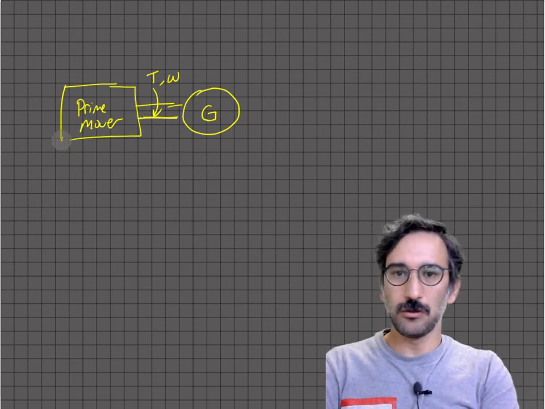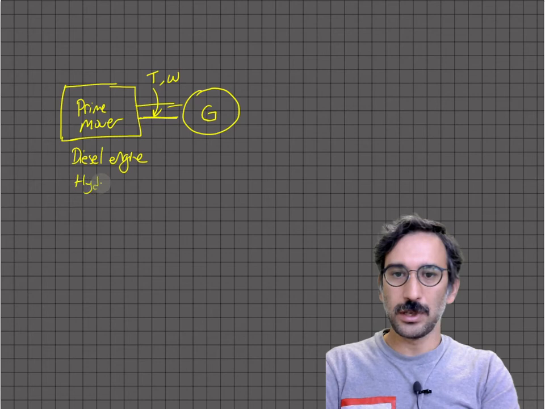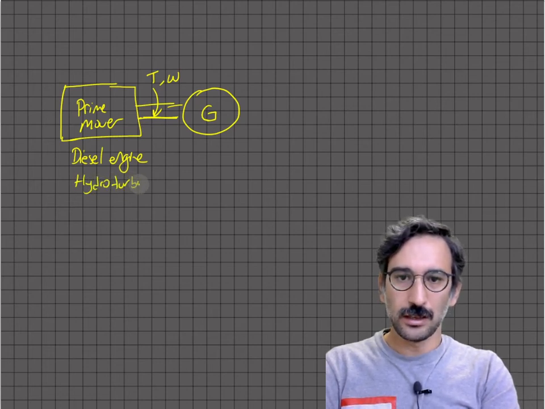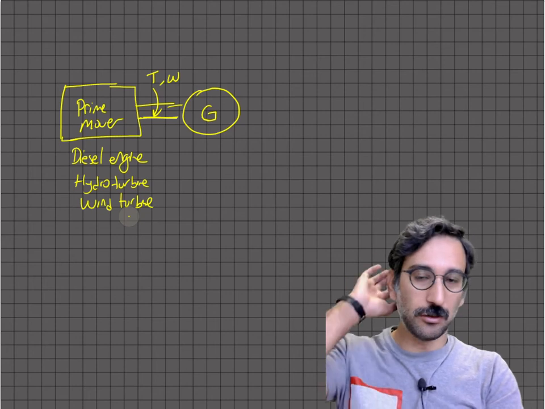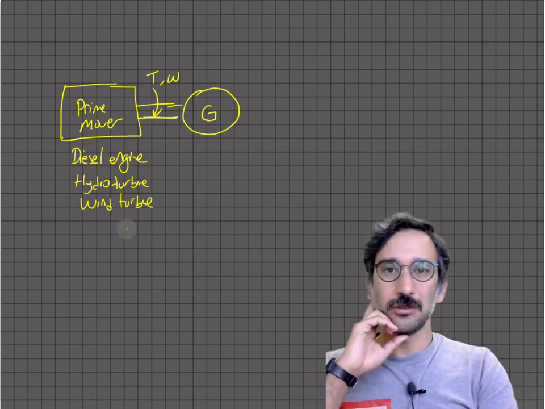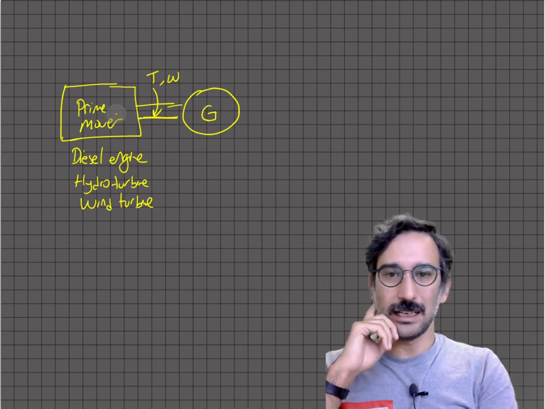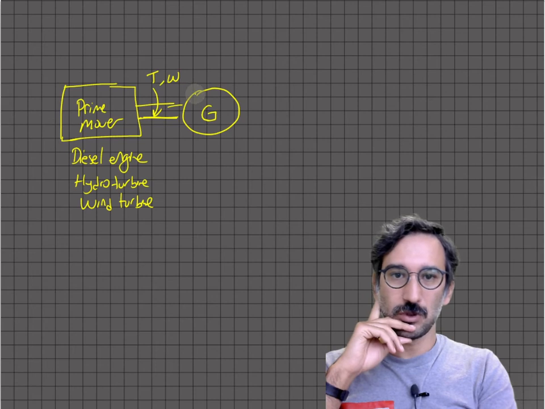The prime mover can be a diesel engine, an internal combustion engine, or a hydro turbine, or a wind turbine, or even a bicycle, any kind of system that can generate some mechanical energy, and that energy is connected to your generator.